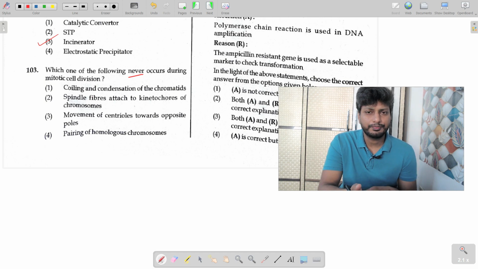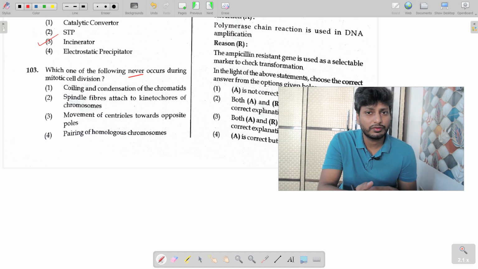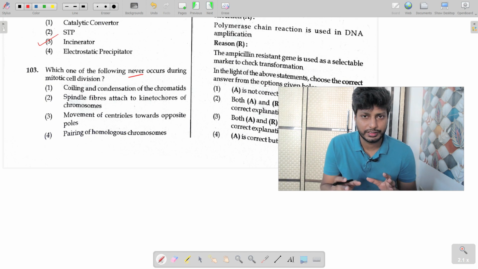Second, of course, the chromatin fibers which are present in the nucleus, dear students, start condensing because of dehydration, and dehydration is basically loss of water. So as they start losing a lot of water, they become thicker, shorter and more condensed, and they take the shape of chromatids.